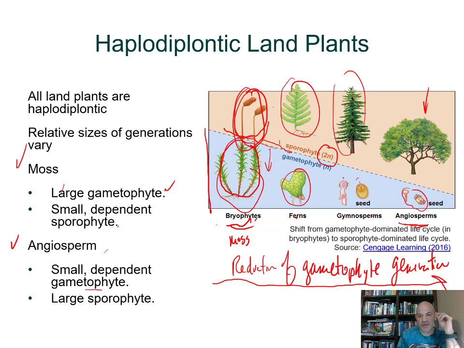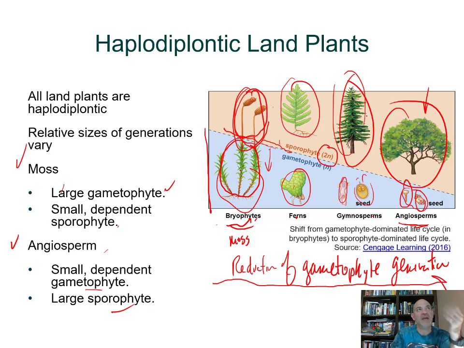You can see this little pollen grain. These are pollen grains. This is what is going to become the seed. That's your gametophyte generation. Is very, very small compared to the large sporophyte, which is like an entire tree. And so that's what we're looking at when we say there is a trend towards a reduction in the gametophyte generation in the evolution of land plants.